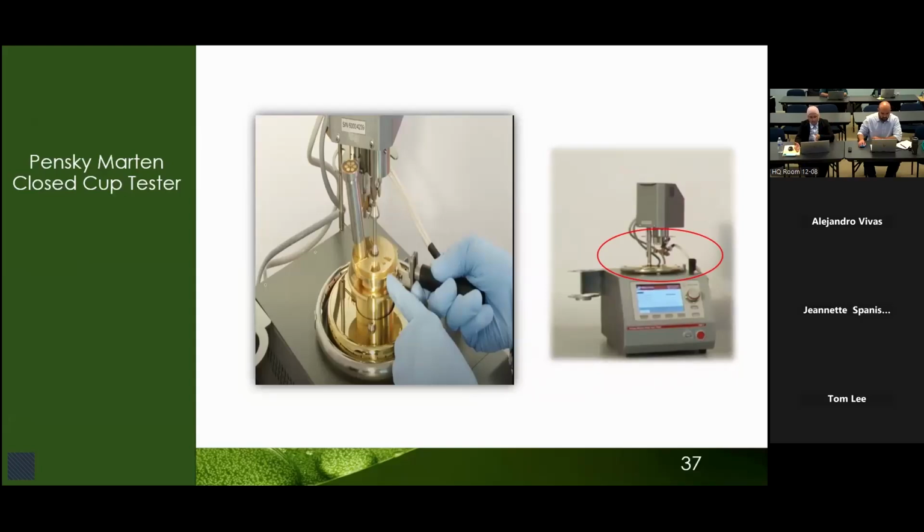Now, by using a confined setup, the Pensky-Martens tester simulates real-world scenarios like those in storage tanks, making sure that the flash point readings are both reliable and reflective of actual risks. The flash point of the sample is recorded at the lowest temperature at which ignition occurs. This setup is very valuable because it gives us a realistic measurement of how a flammable liquid will behave under typical conditions and also helps us determine flash point accurately.